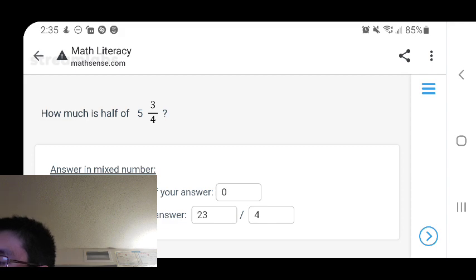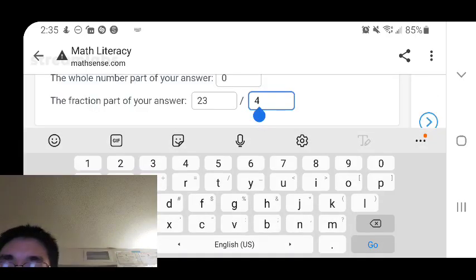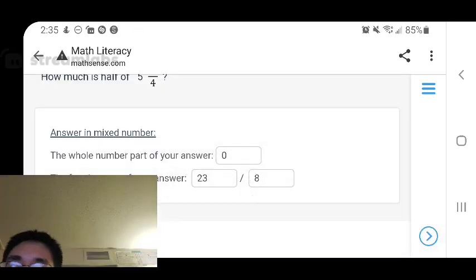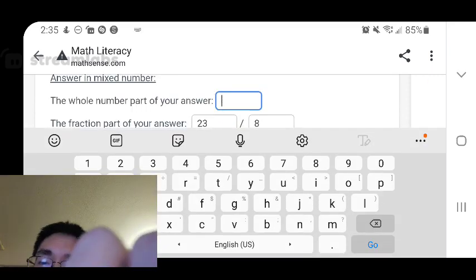So the improper fraction is 23/8, and for a mixed number, it's 2, because 8 times 2 is 16, and 23 minus 16 is 7. So 2 and 7/8.